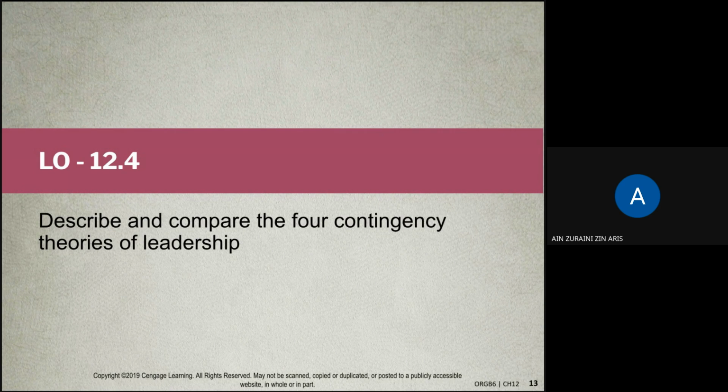Okay, so welcome back to our organizational behavior course. I'm Dr. Ain, and today we will continue with chapter 5, leadership and followership, focusing on part 2 of this chapter. So for this recorded session, we will look at one of the most practical perspectives on leadership, which is the contingency theories.